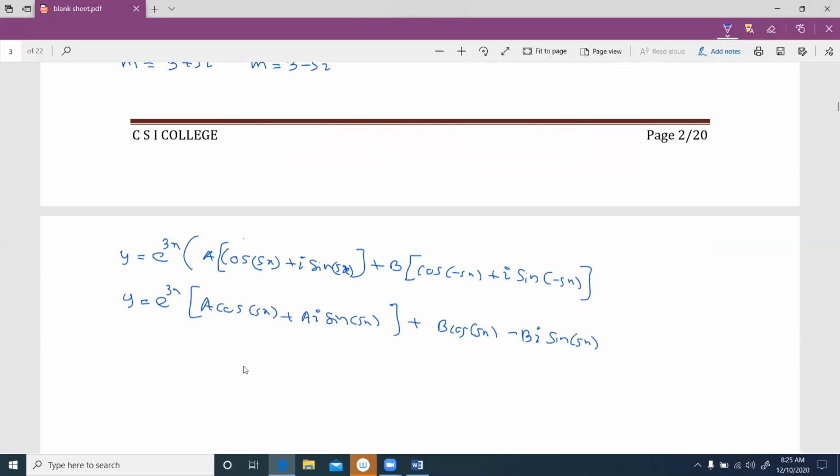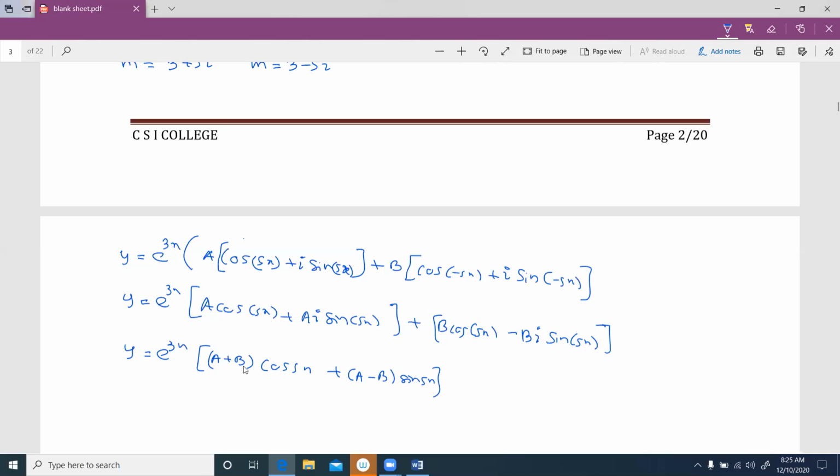Sin minus theta equals minus sin theta. So then you can write y equals e to the power 3x, and if you simplify this, it turns up to a plus b cos 5x plus a minus b sin 5x.